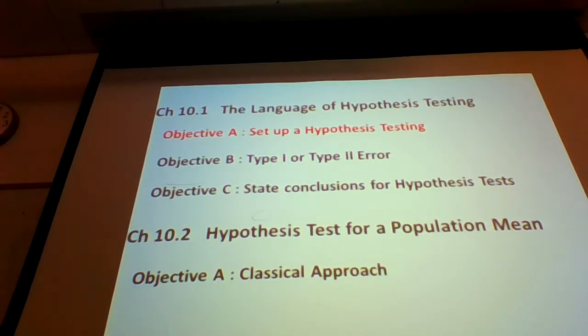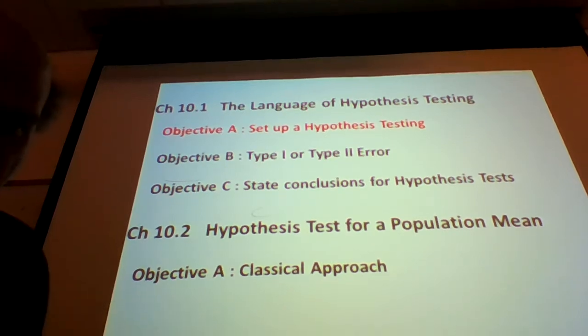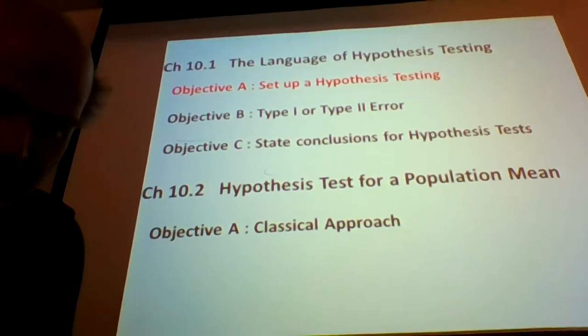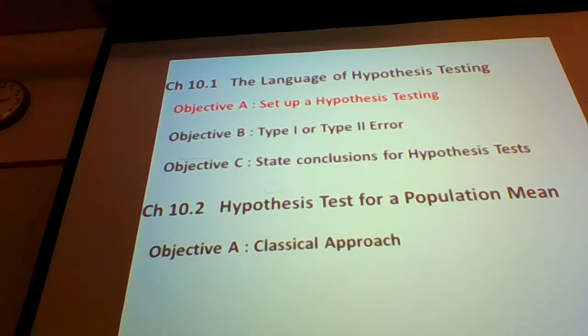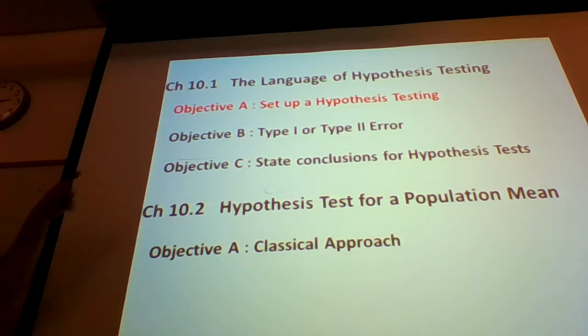So what we're going to start is we're going to learn the ideas of what is called hypothesis testing. So we're going to learn about the setup. We're going to learn what type 1 and type 2 error are.